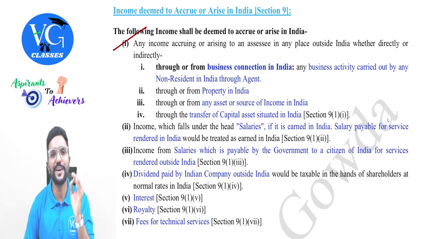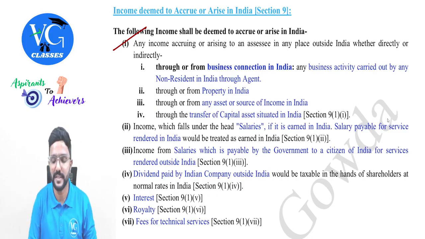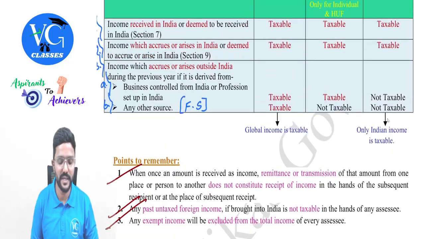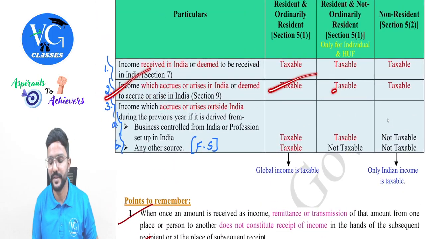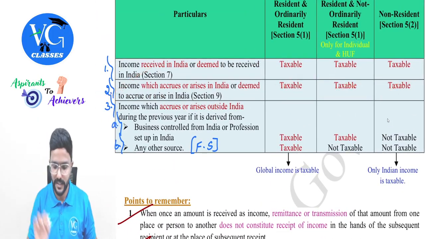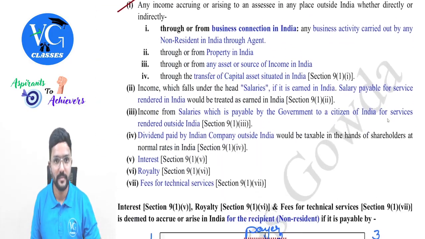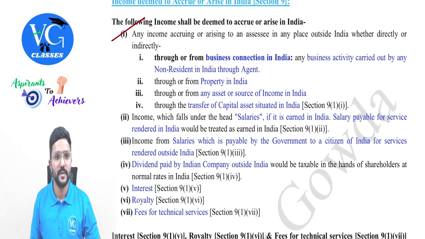When income is deemed to accrue or arise in India, it is always taxable, no matter whether you are ordinary, not ordinary, or non-resident. Clear? It is always taxable. Got it?